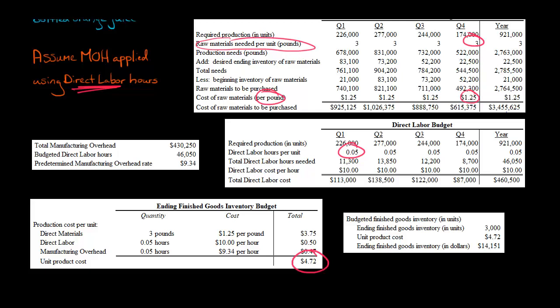And if the product cost is $4.72, as we've calculated here, 3,000 units of orange juice times $4.72 a bottle is an ending finished goods in terms of dollar value, $14,151. So when we go to make our budgeted balance sheet and we ask what is the budgeted ending inventory for the period, it would be $14,151.